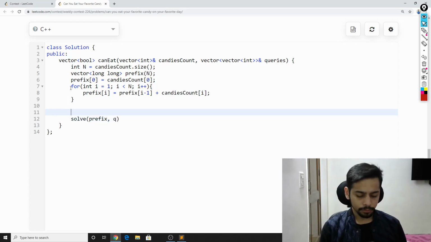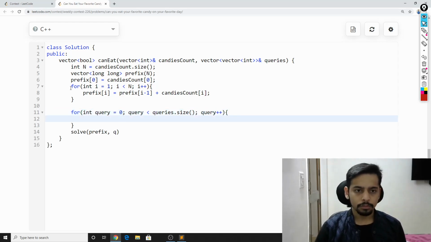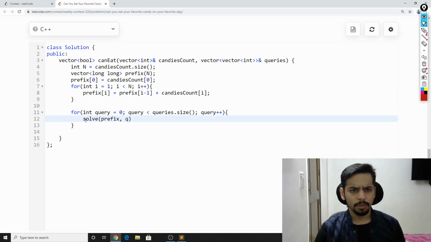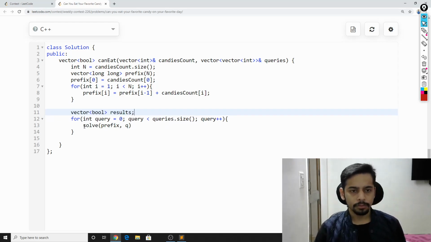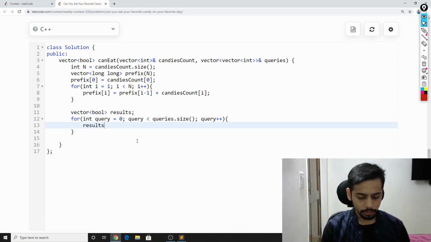Okay, for every query, for query starting from 0, query less than queries dot size. Solve should return me a boolean. I can say vector bool result, push that to results.